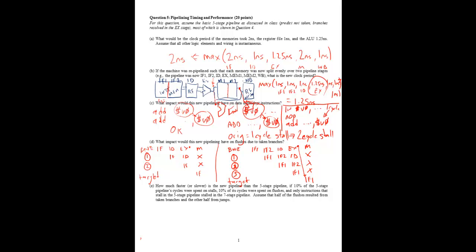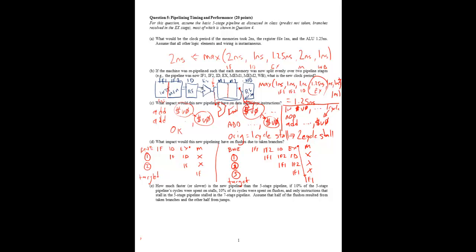So basically it's going to extend the taken branch penalty 1 cycle on this machine. And so this is the case I've shown for conditional branches, but this is also going to be true for unconditional branches.